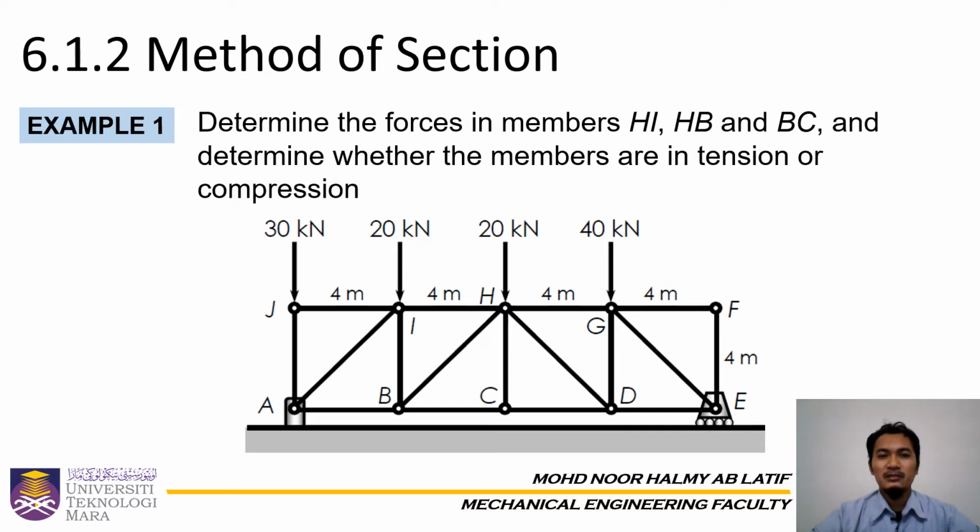Determine the force in members HI, HB and BC and determine whether the members are in tension or compression. In this question, it clearly says the members that we need to analyze, which are HI, HB and BC, located here. So we draw a line here.